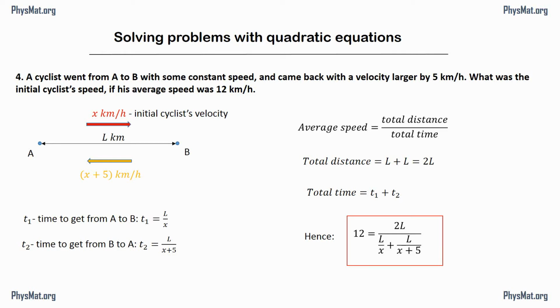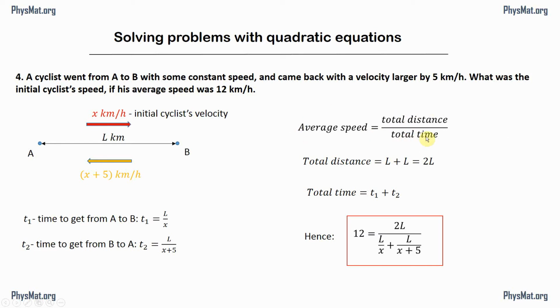First, we need to remember the definition of the average speed. The average speed, by definition, is total distance divided by total time. So if you cover a certain distance in some time and divide this distance by time, you will get your average speed.